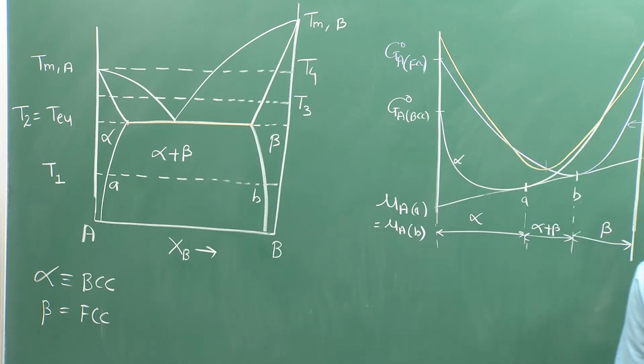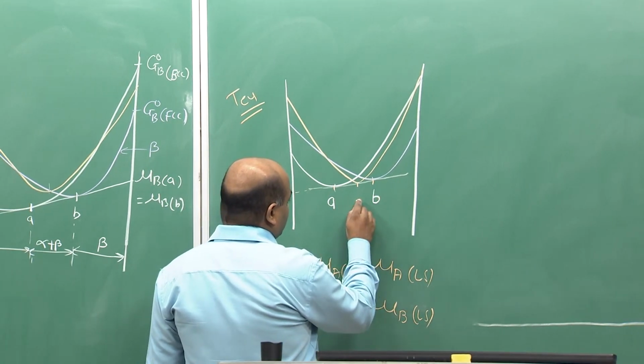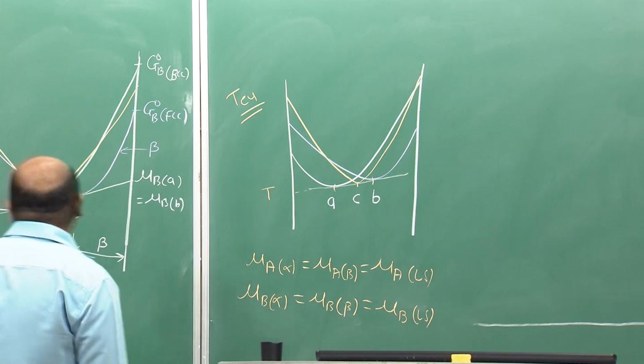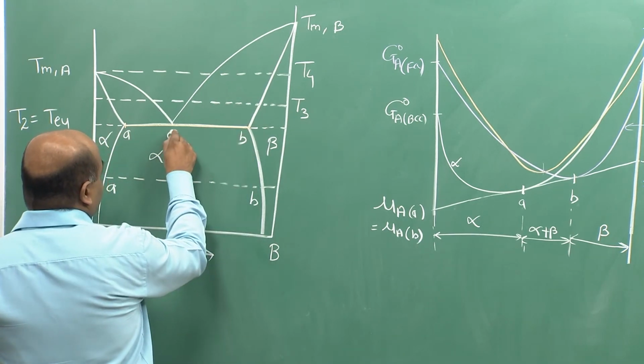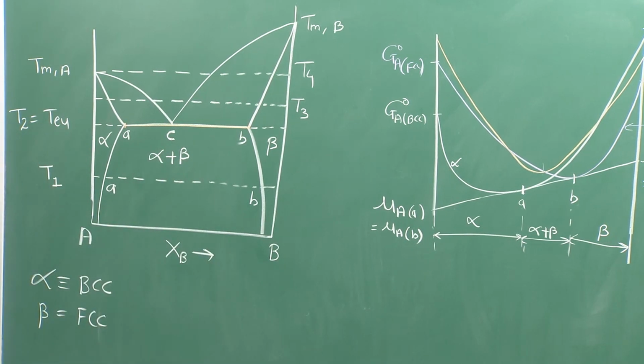So, if we mark these A, B and C, these 3 points A, B and C are what we call the eutectic point.